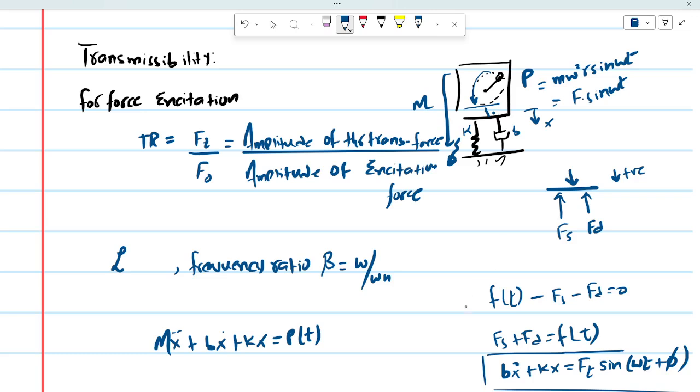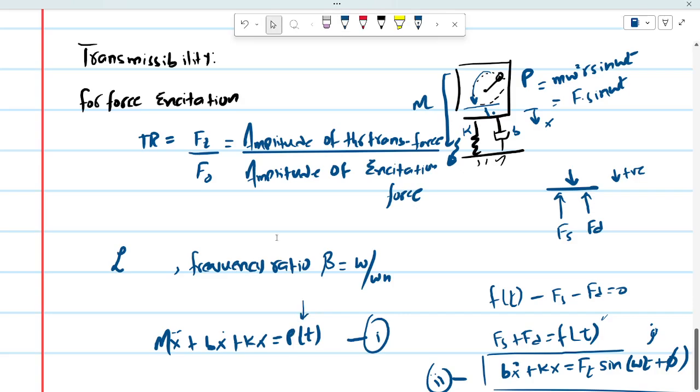So now we have two equations. Let's call them equation 1 and equation 2. We can now take the Laplace transformation. Again, recall our main purpose is to get the ratio between the transmitted force Ft and the excitation force F naught. You can call it F naught or P s, whatever you like.